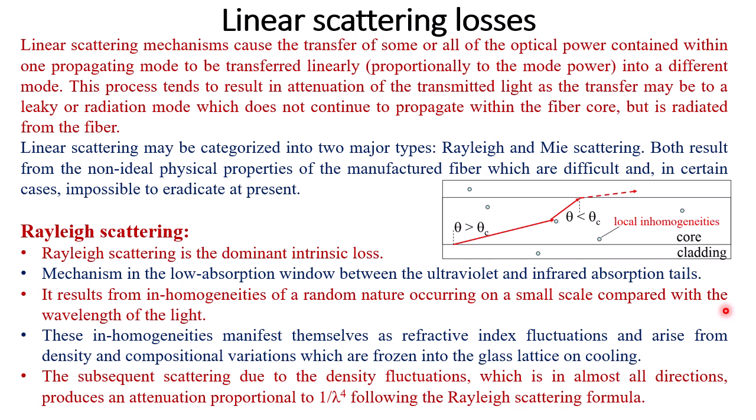These inhomogeneities manifest themselves as refractive index fluctuation and arise from density and compositional variations which are frozen into the glass lattice on cooling. The subsequent scattering due to the density fluctuations, which is in almost all directions, produces an attenuation proportional to 1 by lambda to the power 4, following the Rayleigh scattering formula or Rayleigh relation.